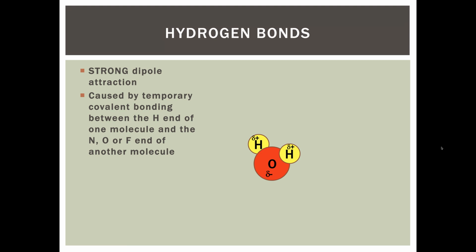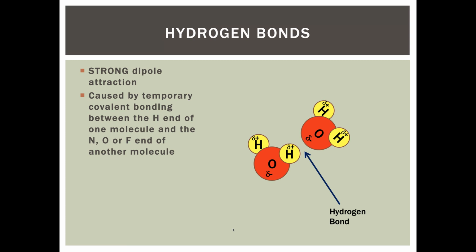So here's one water molecule, and here is a neighboring water molecule, and we'll have an attraction between the partially positive end of one molecule and the partially negative end of another. That's the dipole attraction. But hydrogen bonding takes it one step further. While the hydrogen of one molecule and the oxygen of another are in close proximity to each other, they can even form a temporary covalent bond between them.